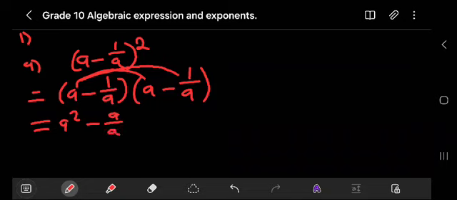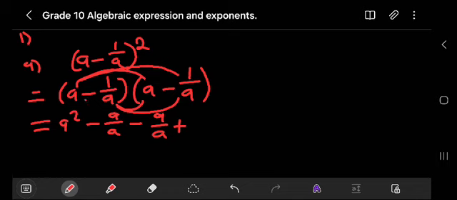Then you come again, minus 1 over A multiplied by A. This will be negative A over A. Are you with me? Multiply again, minus 1 over A multiplied by minus 1 over A. You see there? So guys, take note, that will be positive, right? Minus and minus will be positive.